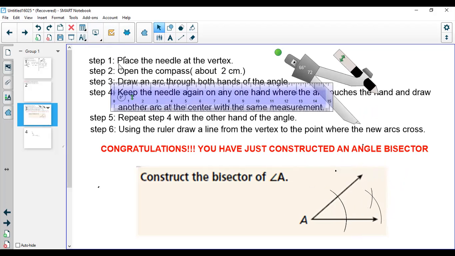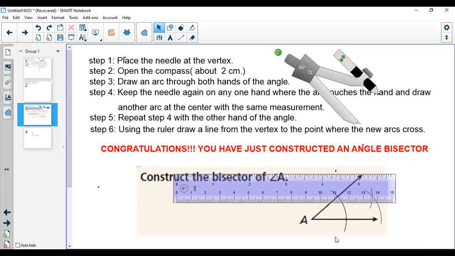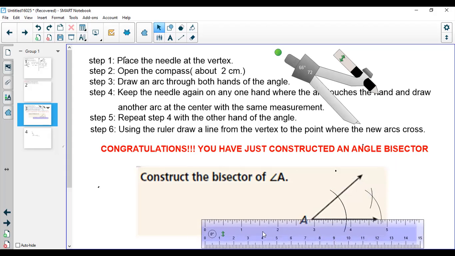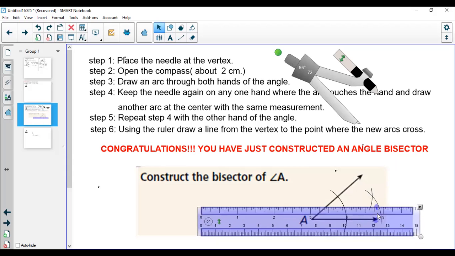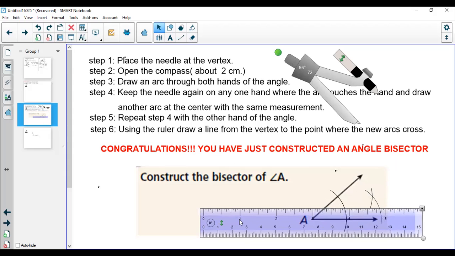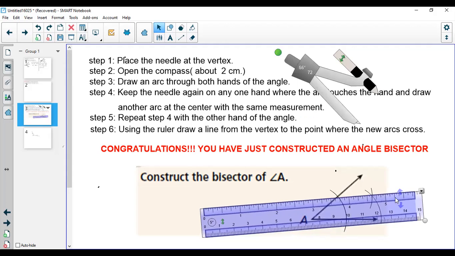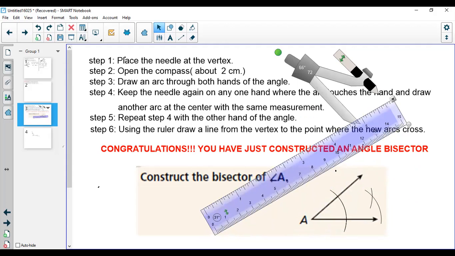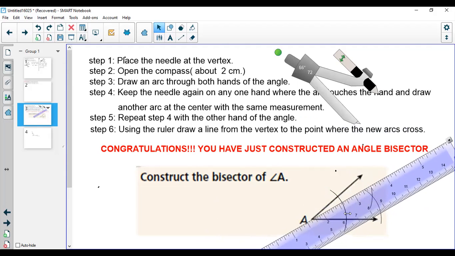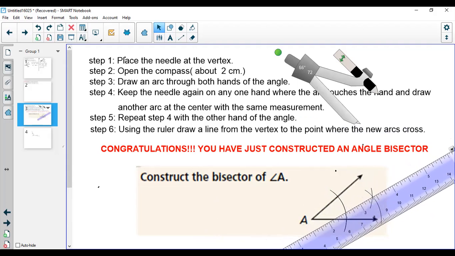Then what you're going to do is take your ruler and place it at the vertex. You know how difficult it is to draw through this because it doesn't want to tilt. So take your ruler, keep it at the vertex and at the point where the two arcs have crossed each other.